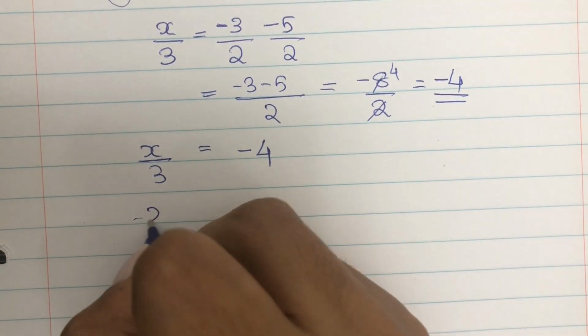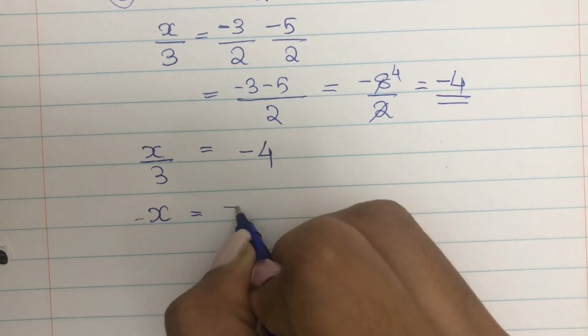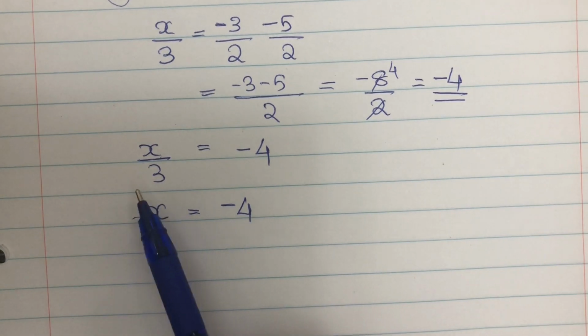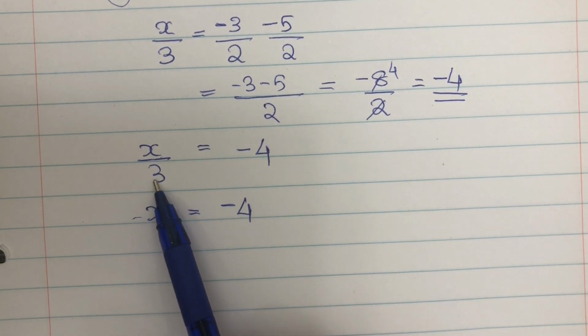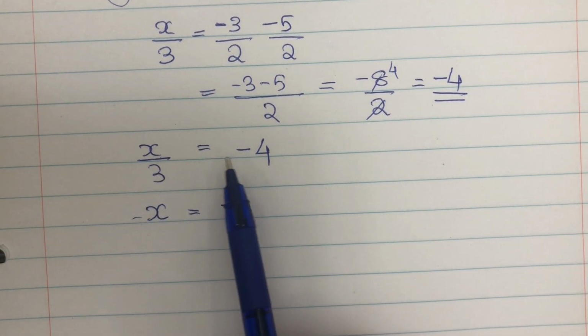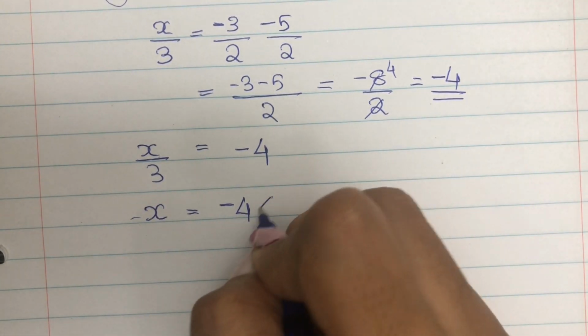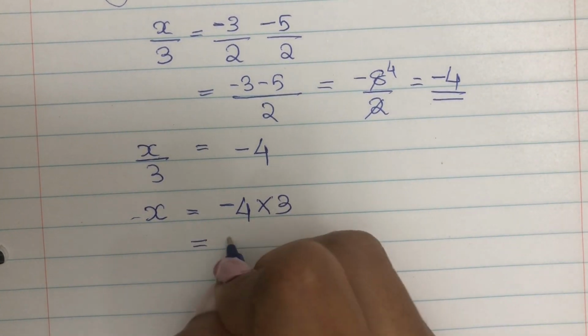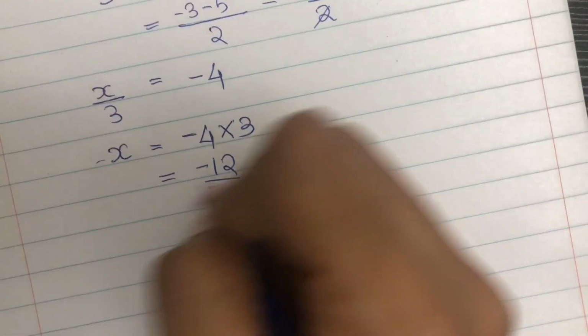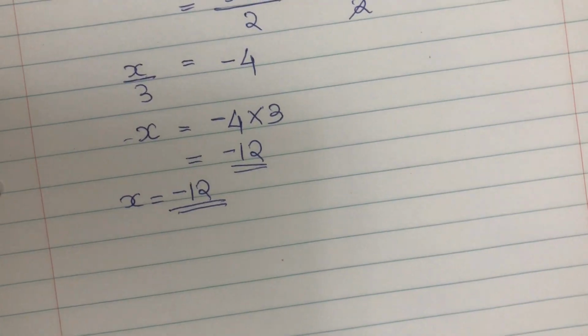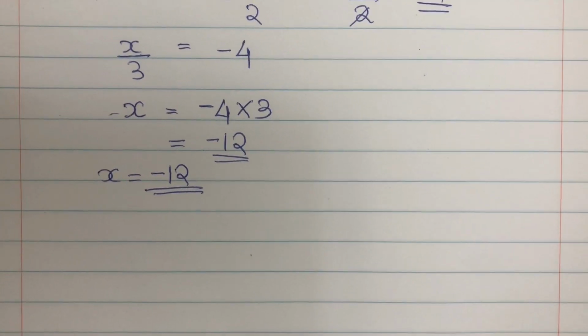So I'll take only x. I'll write what is there in the RHS first. Then we have to transfer this divided by 3 to the other part of the equal to sign. So it will be multiplied by 3, 4 into 3. So it will be minus 12. So x is equal to minus 12 is a solution. Okay, understood, right?